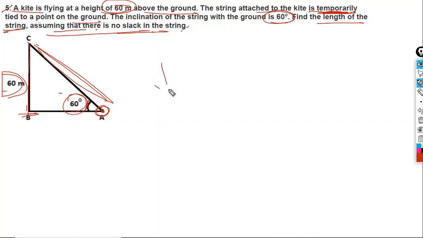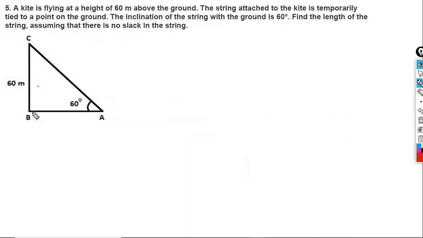Normally when you fly a kite there is slack, like suppose you are standing here, the string of the kite will be in a bent way. But here we will assume that there is no slack, there is no bend like this. Now we have this much data, we have to find the length of AC.